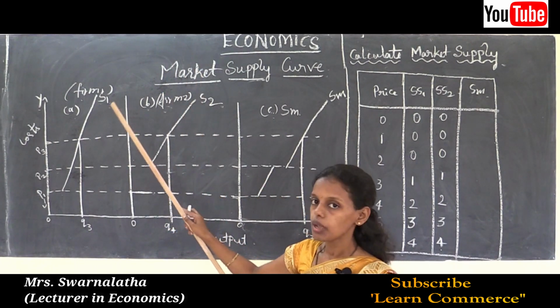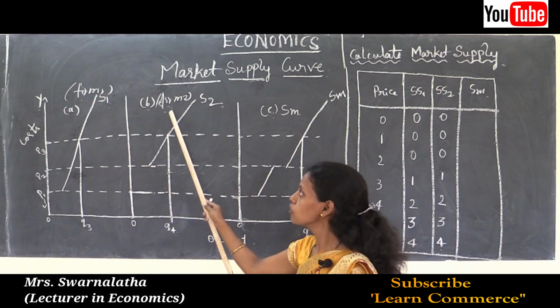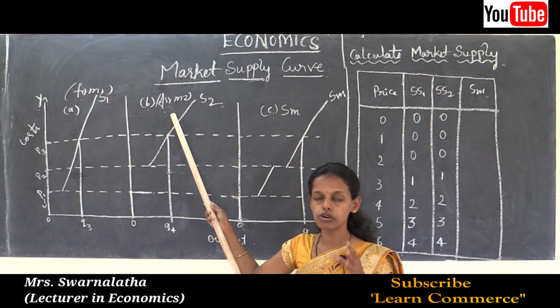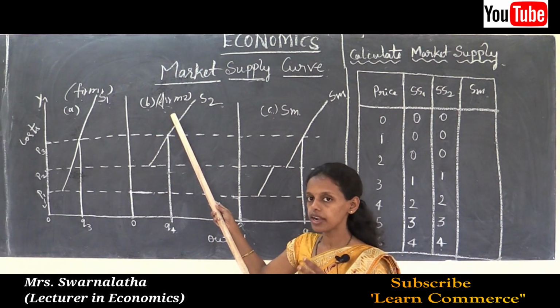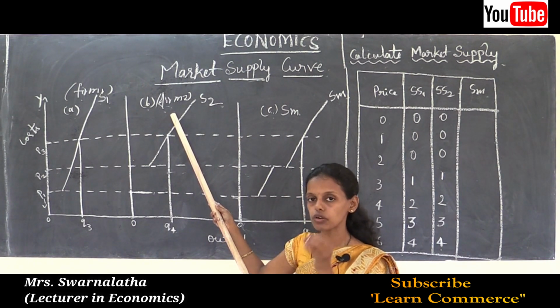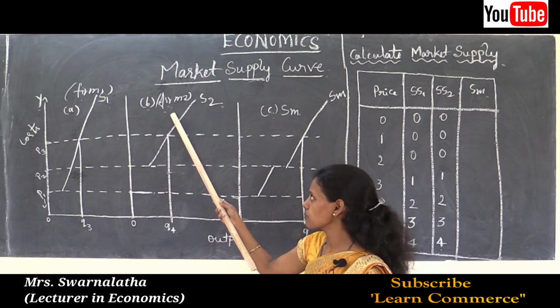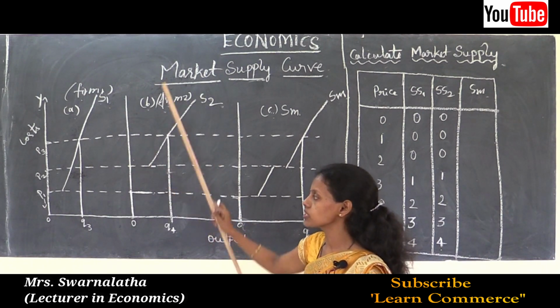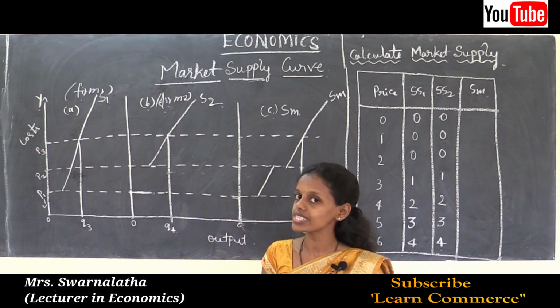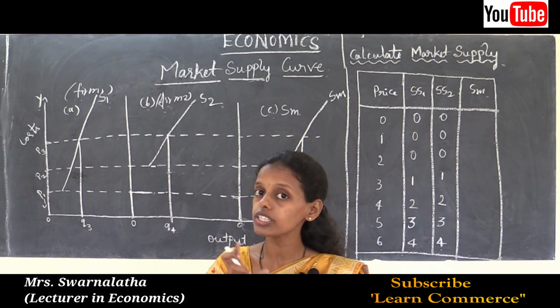Panel B is firm 2. As we studied, there are a fixed number of firms, firm 1 and firm 2, and by combining firm 1 and firm 2 supply, we get the market supply. Firm 2 produces at the P2 level of cost structure because, as we studied in the assumption, different firms have different cost structures.